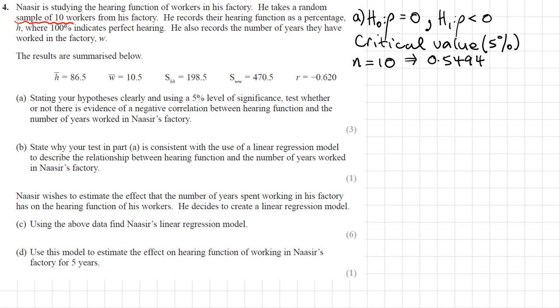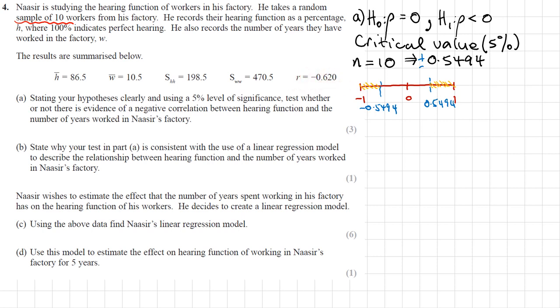0.5494. I'll draw my number line, put on the critical value, and I want the positive and the negative of this, so 0.5494, and then over here negative 0.5494. Okay, so my critical region are these two bits at the end. I'm going to see where my calculated value of R is going to be.